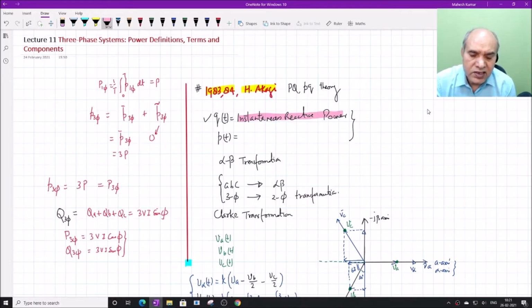This is denoted by QT, similar to PT. But PT is not instantaneous active power. PT is simply instantaneous power.